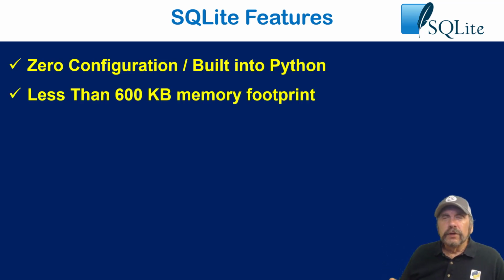The footprint of SQLite, despite its power, is only 600 kilobytes. Now, I was trying to figure out how that compares to something like SQL Server Express. SQL Server Express, and even the new SQL Server Edge that I've seen touted at the last Ignite conference, is 1 gigabyte minimum recommended.